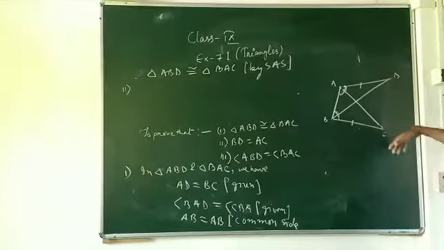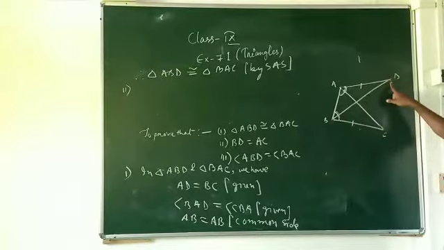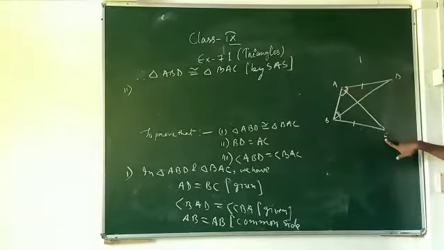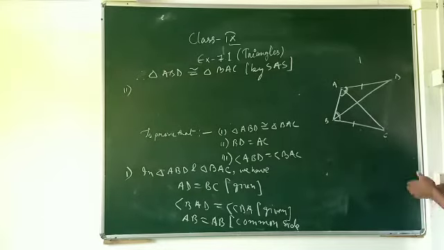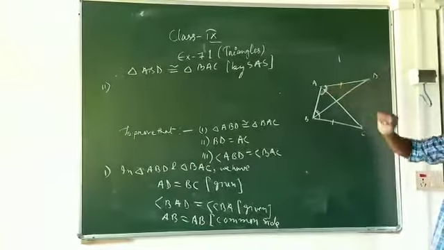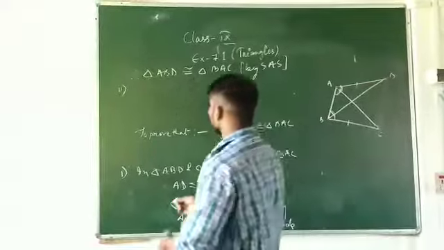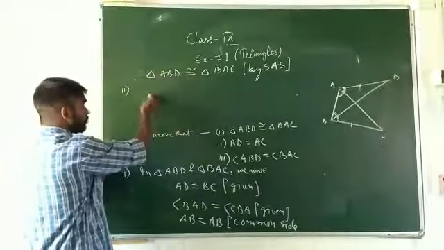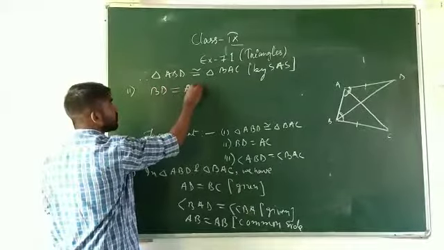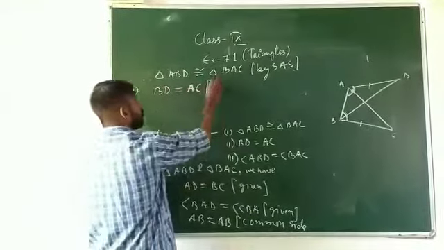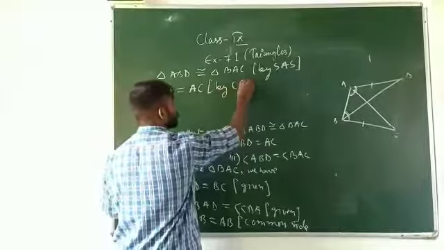So it is very easy. Now you just see in the figure, BD and the side AC are the two sides from the two triangles which you have proved congruent. So BD equals AC by CPCT.